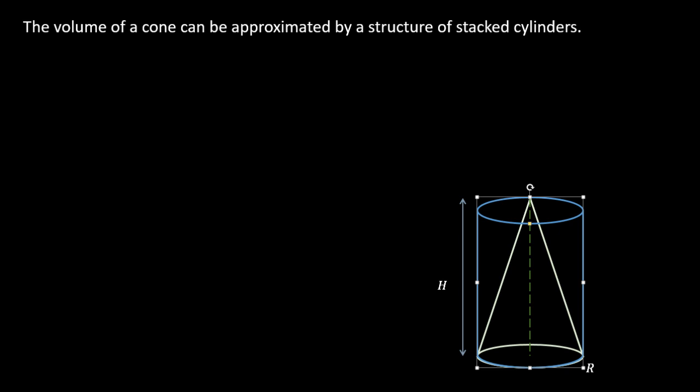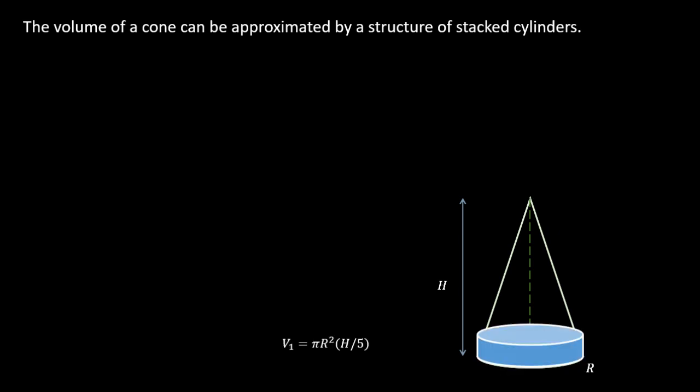Well, we could cut it up into smaller cylinders. So we could take like 5 cylinders and start from the base, and go up a fifth of the way. And then say, okay, take another cylinder that is at the edge where the cone meets the cylinder there, and pile on another one.